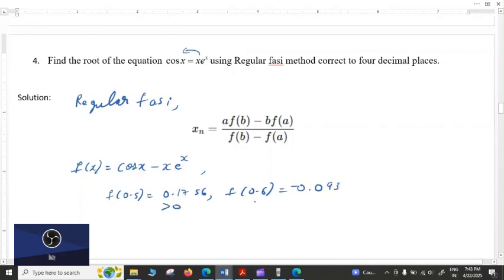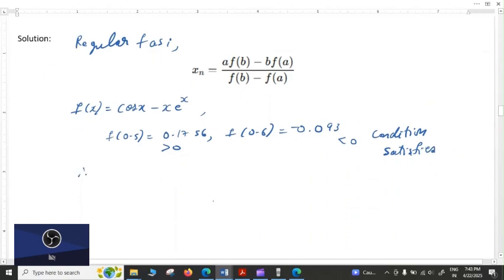So you can see this is greater than 0, this is less than 0, condition satisfies. When the condition satisfies, students, write the root of this equation. Therefore, the root of the equation lies in the interval 0.5 to 0.6.